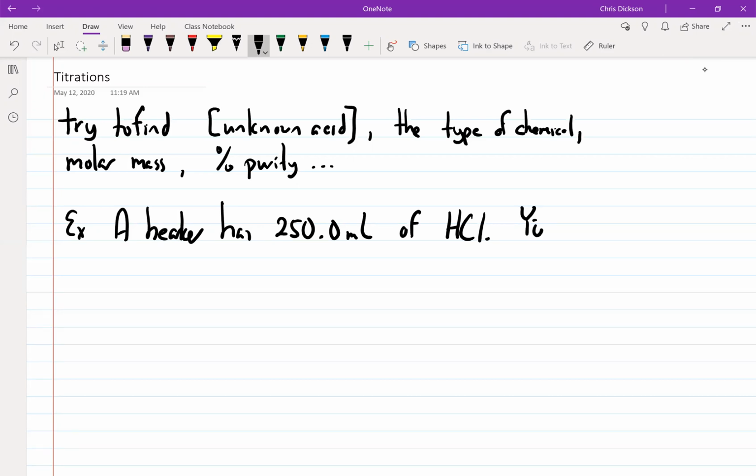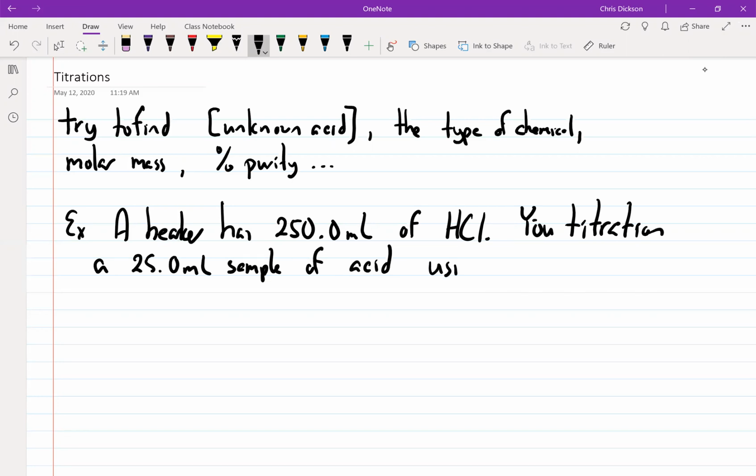You titrate a 25.0 milliliter sample of the acid using 0.100 molar NaOH.